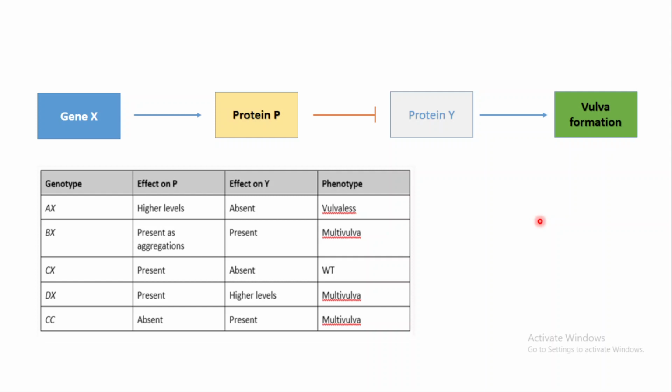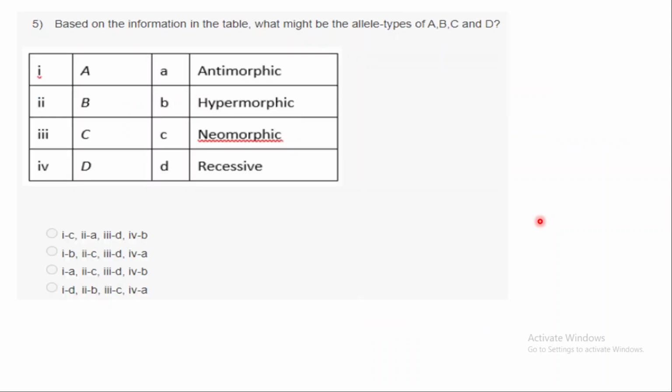Okay, so now we have the question. Question number 5, we have a match the following here. Based on the information in the table, what might be the allele types of ABCD? So we have four different allele types and four different alleles here. You have to match the allele type with the correct allele.